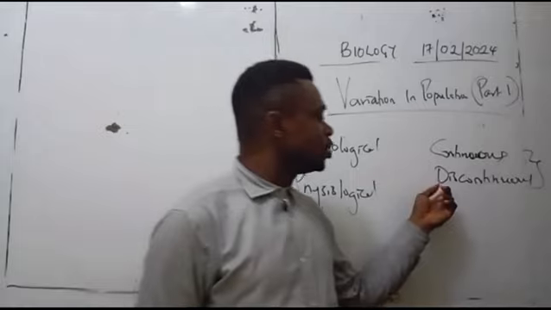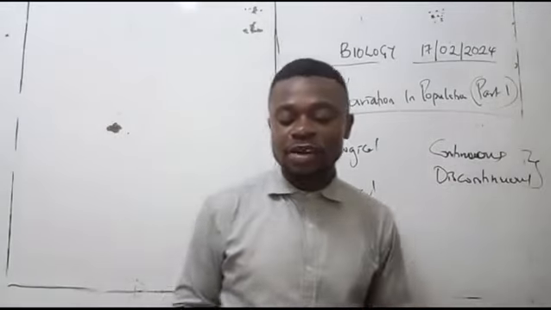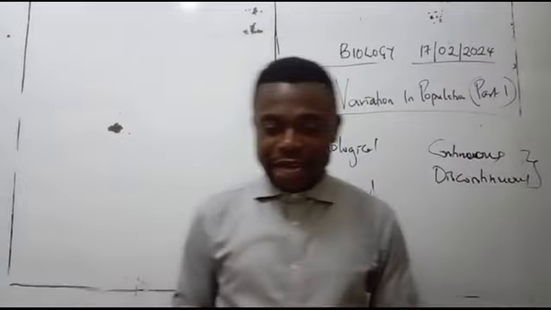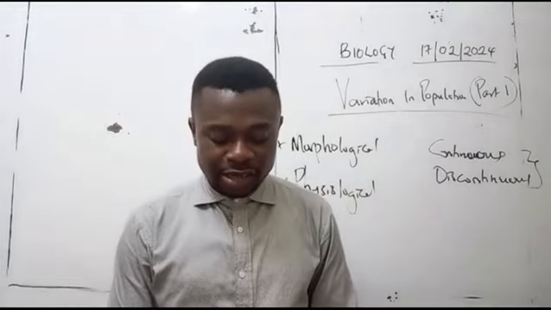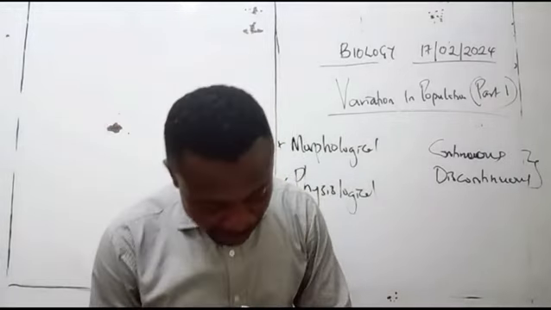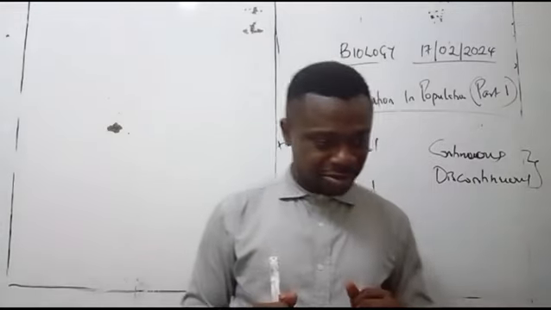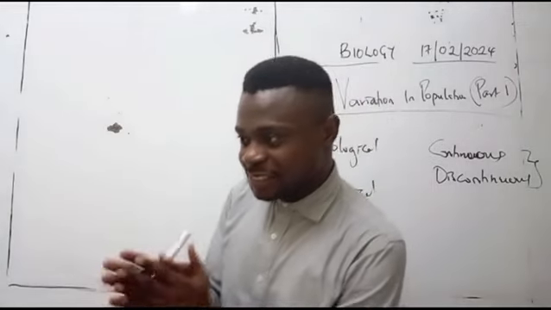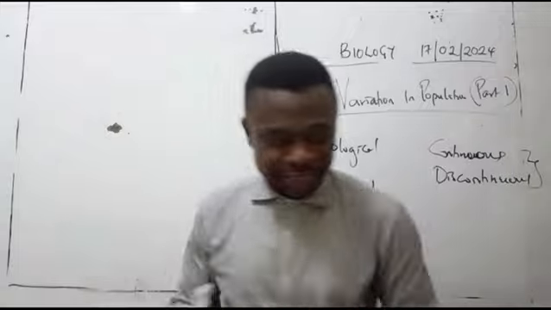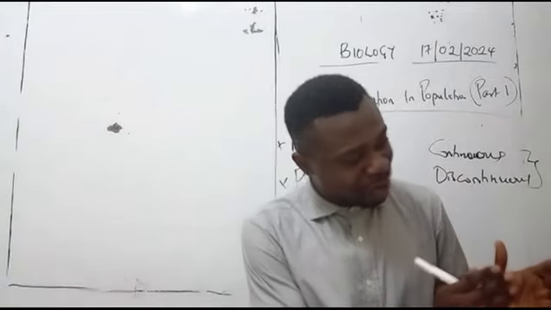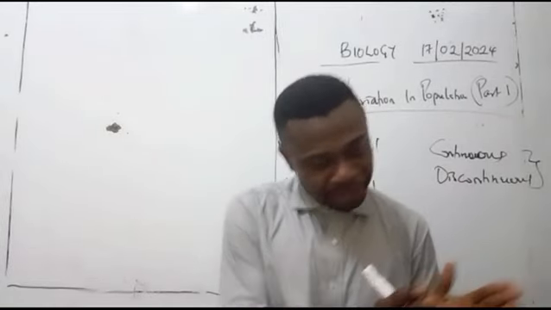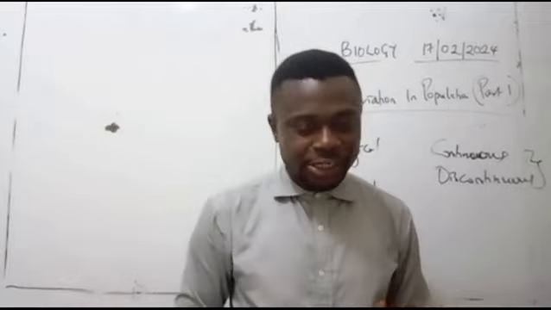Here, you will look at somebody's earlobe and say this person has earlobe, this person does not have earlobe. You cannot say this person's earlobe is gradually disappearing. There's no intermediate.